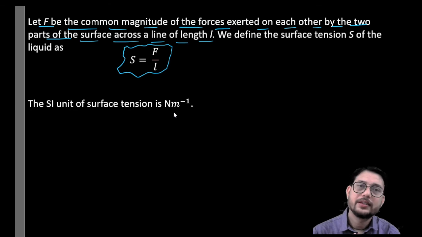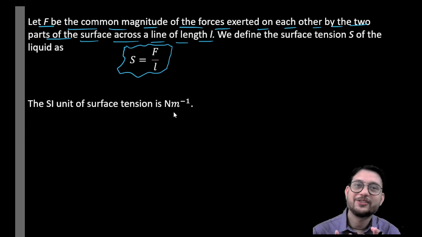So surface tension is basically force per unit length. So force, and what type of force? Once again, asymmetrical force. That force is applied per unit length, because I have told you that if we have a larger length of the imaginary line, then the force will be greater, and if smaller, then the force will also be smaller.